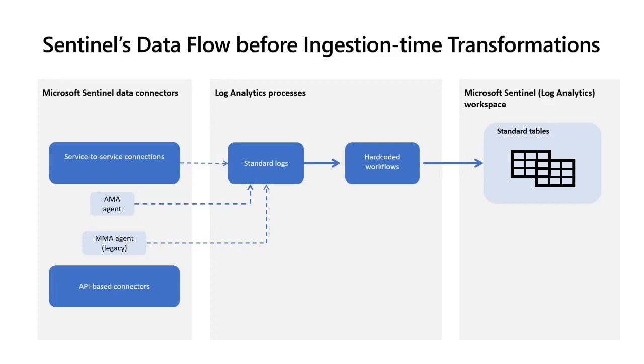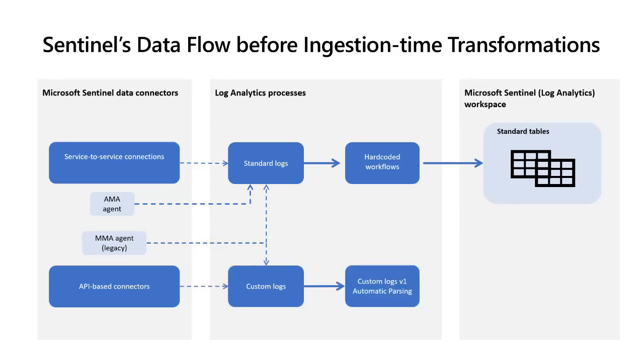We also have our API-based connectors, where we basically push data into Sentinel via the Log Analytics Data Collector API. This, again, is called the custom log process. And what we had in that case with the Data Collector API, or custom logs version 1, we had automatic parsing.